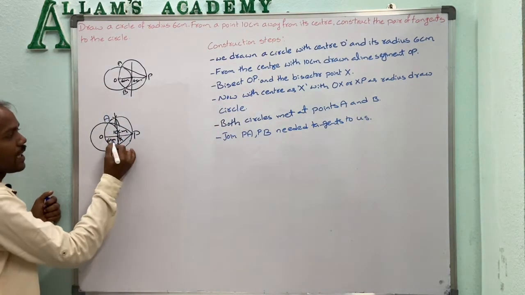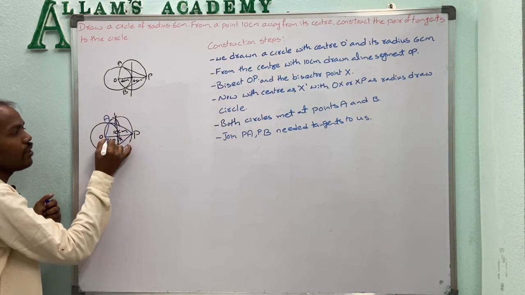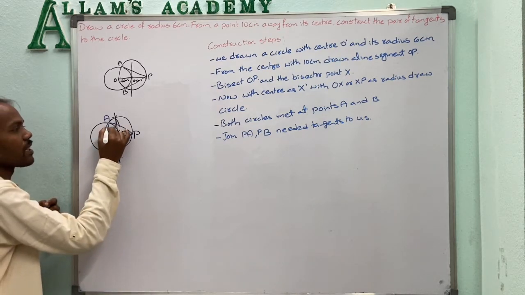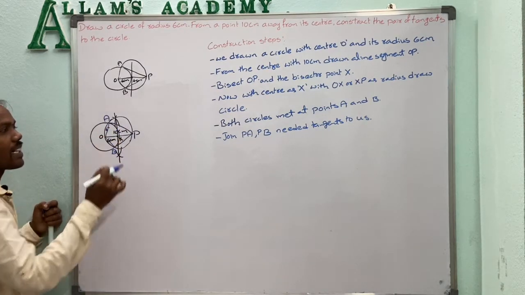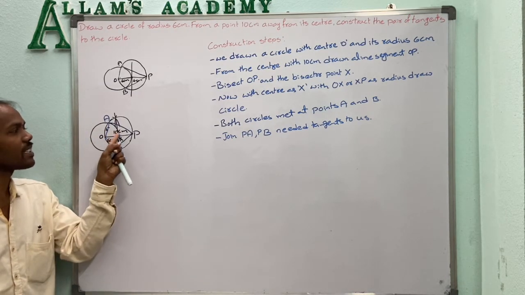Now here OP is 10 centimeters, and if we measure OA and OB, these lengths are 6 centimeters, because the radius of the circle is 6 centimeters. So it is 6, it is 10.